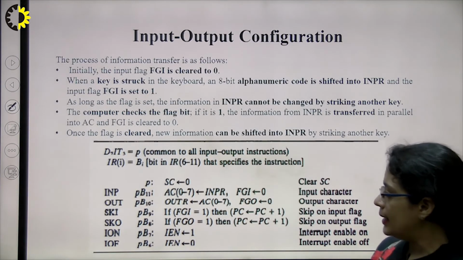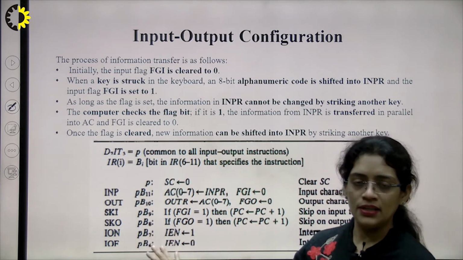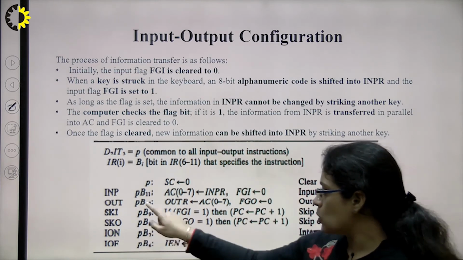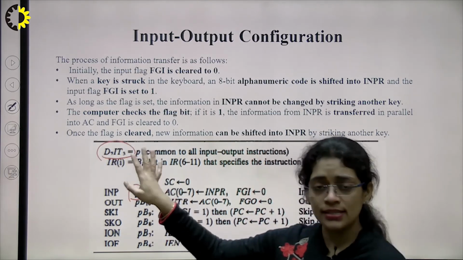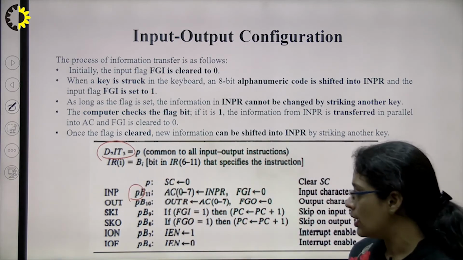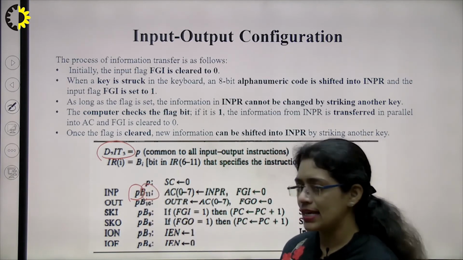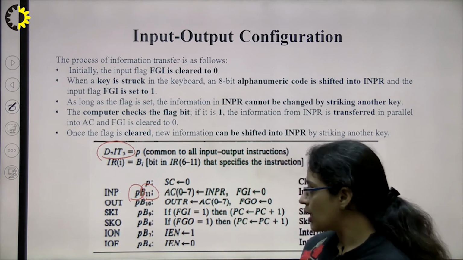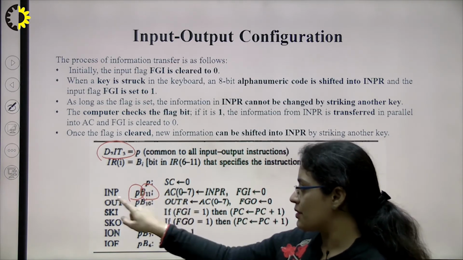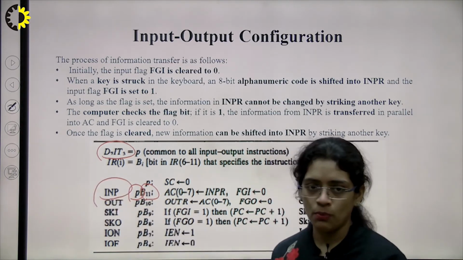Now here are the possible input output instruction. So P is, again, as I said, denoting D7IT3, which says this is the condition for input output instruction. Now B11 means 11th bit is 1, B10 means 10th bit is 1. So in case of B11, we will be performing the input operation, right?